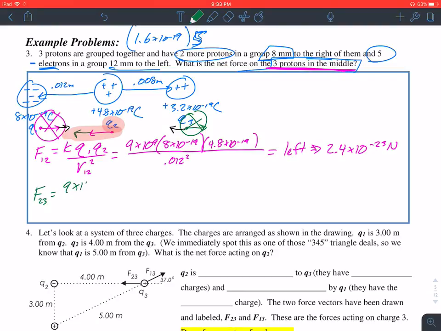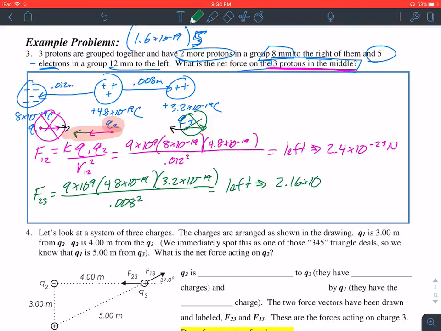So 9 times 10 to the 9th, put in the charge of Q2, 4.8 times 10 to the negative 19th, put in the charge of our Q3, our 2 protons, so 3.2 times 10 to the negative 19th, over the distance squared, 0.008 squared, and that gets us, which is also to the left, 2.16 times 10 to the negative 23rd newtons.